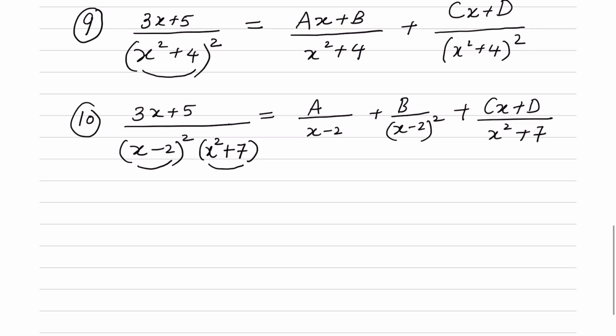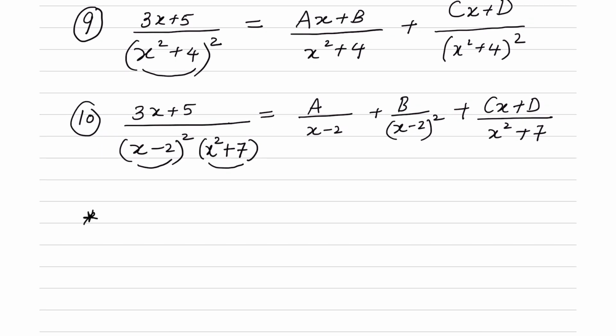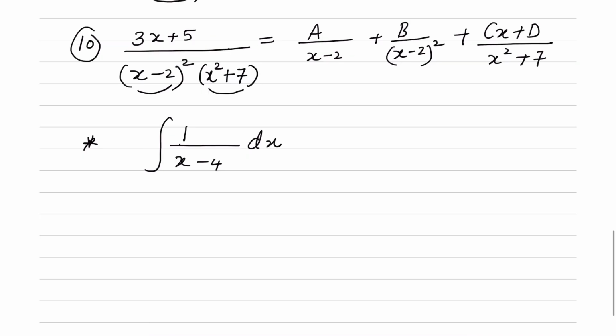But before we move on to the questions of integration, there are some basic formulas of integration. Let's have a look at that. Let's say you have to solve this integral, 1 over (x - 4) dx. Now we know our basic formula, the integral of 1 over x dx is equal to ln x. To solve this integral, 1 over (x - 4) with respect to x, we are doing it with substitution.